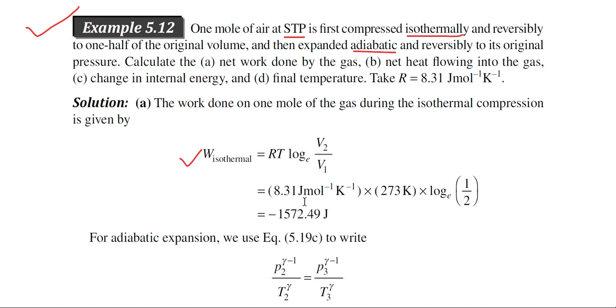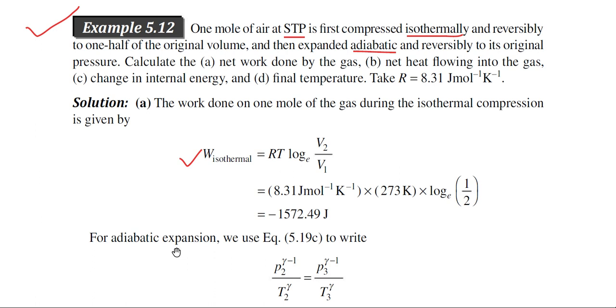So you just use the expression with R and T, then log half. Ultimately this is the value of the work. Because this is log half, the negative sign appears here, and as it is compression, work is done on the gas, so that is why there is a negative sign.